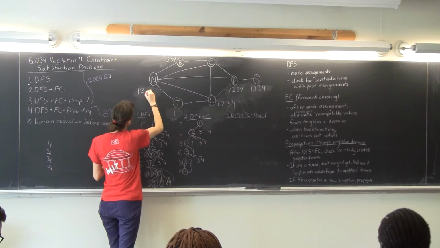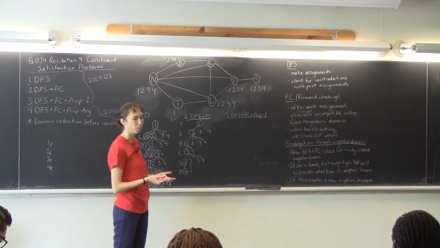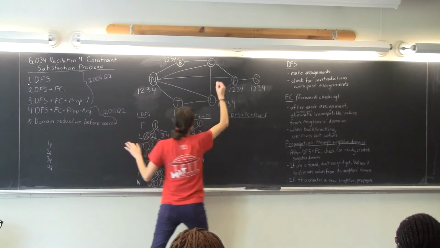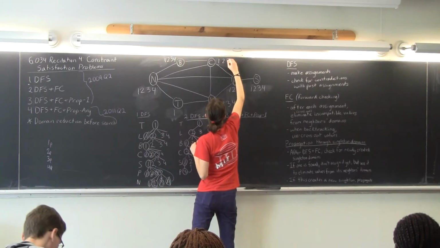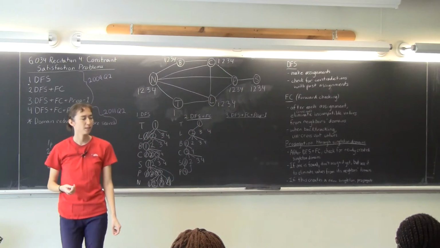So one question you might ask is, what about Turing? Turing is already a singleton domain, because a singleton domain is a domain that has only one value. And so you might ask, why don't we propagate through Turing? Why does it say only newly created singleton domains?